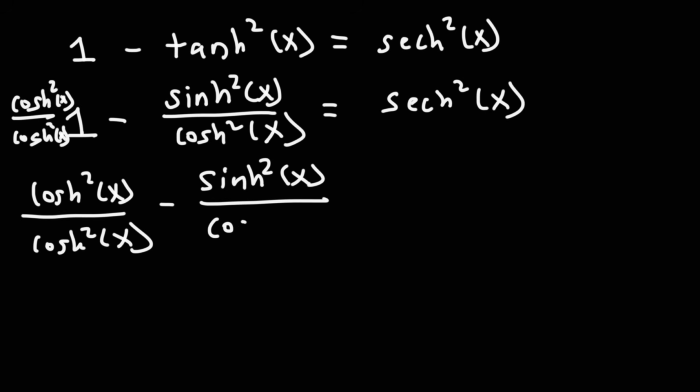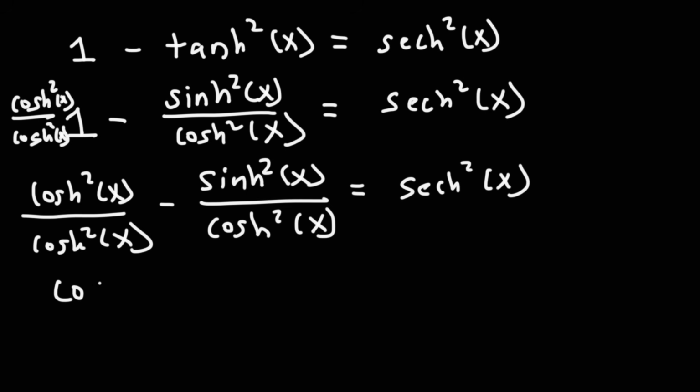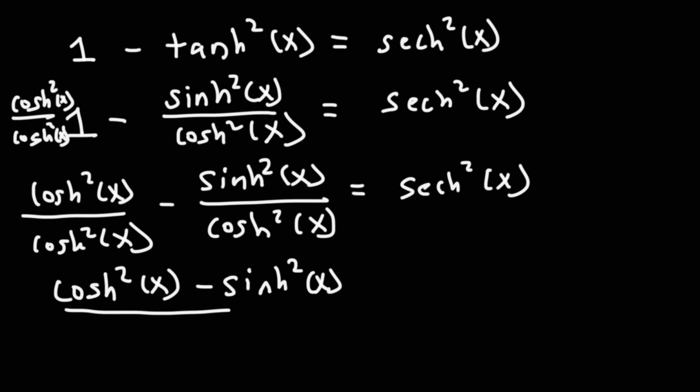So now that we have common denominators, we can combine the two fractions into a single fraction. So we're going to have cosine squared minus sine squared all over cosine squared.